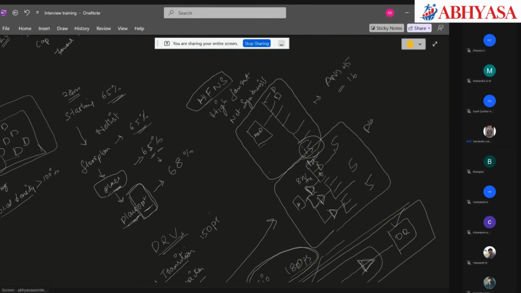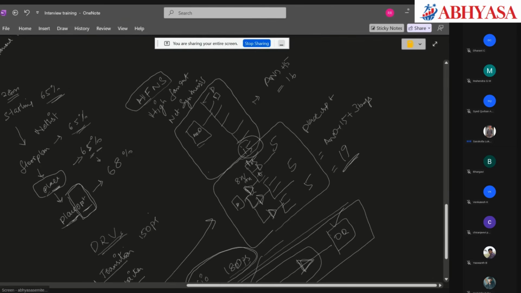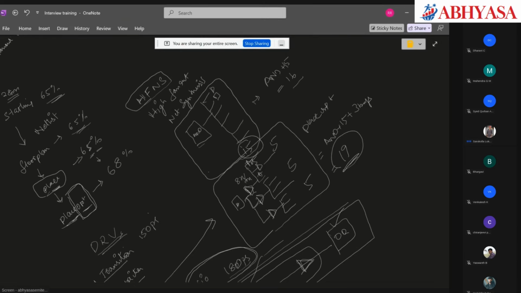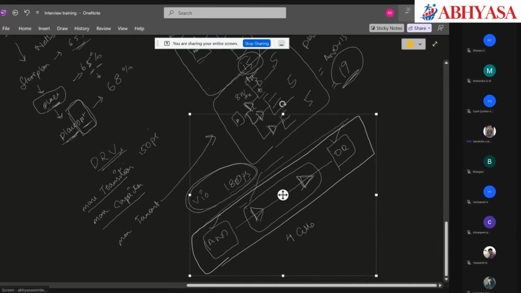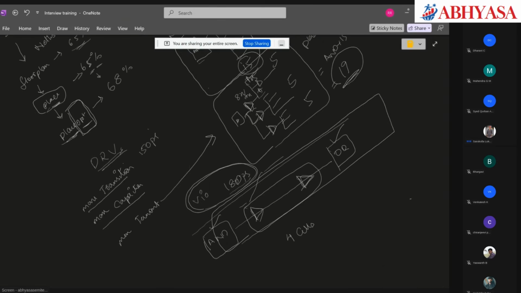At place opt, now I have AND plus 15 plus 3 buffers, which makes it 19. So at place stage it is 16, at place opt stage it is 19. Here at place stage it is 2, at place opt stage it is 4.